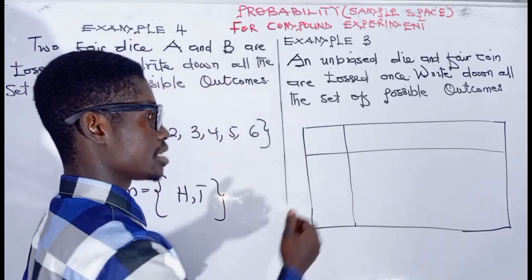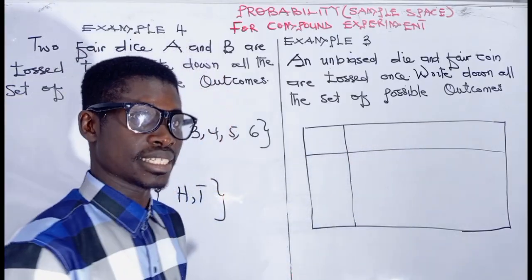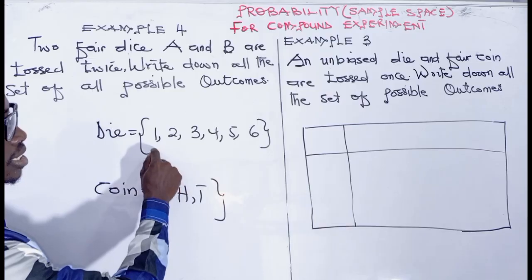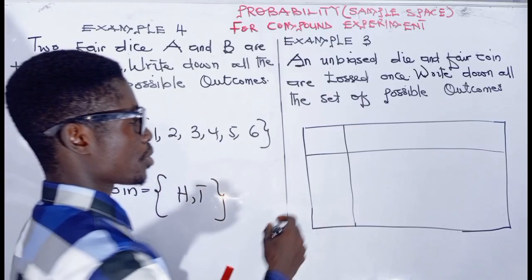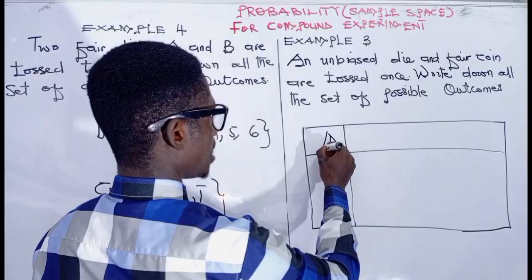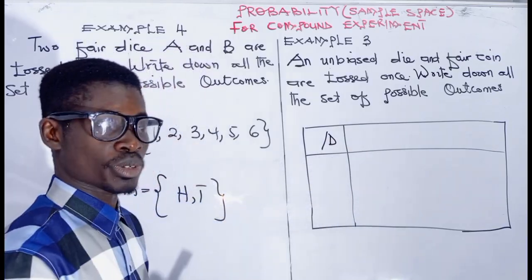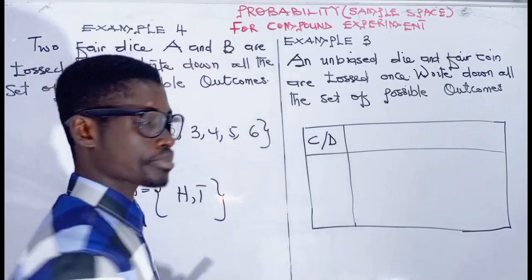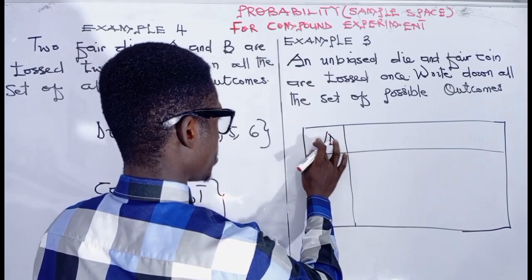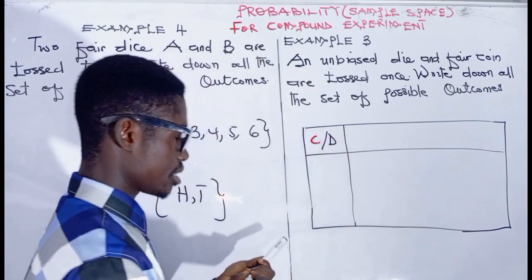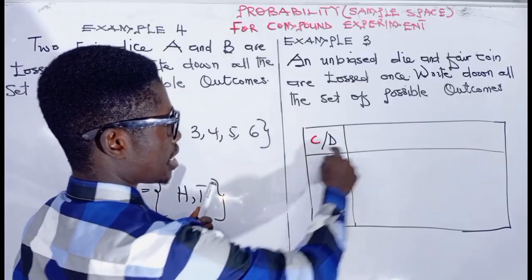We are going to use this row to represent the set of possible outcomes when a die is tossed once, so we have the die, and then we are going to use this column to represent the coin. Let me use the red so that you can see it clearly. So we have the coin and then the die.